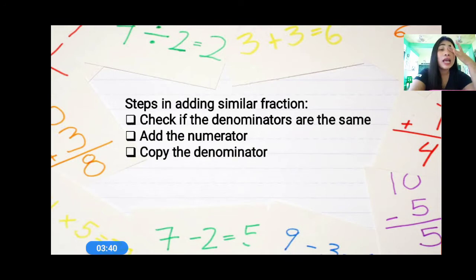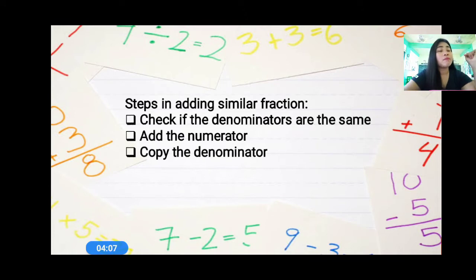And then, copy the denominator. Because it's a similar fraction, you're just going to copy the denominator. The moment you have added the numerators, you're just going to copy the denominator. For example, 1/5 plus 2/5: the numerators are 1 and 2, 1 plus 2 is 3.